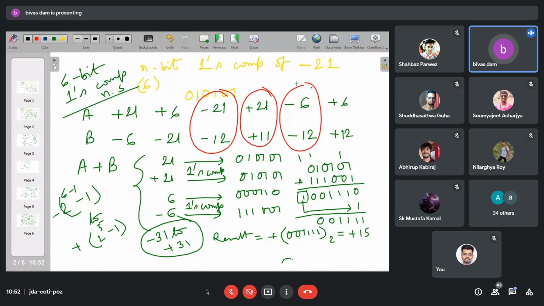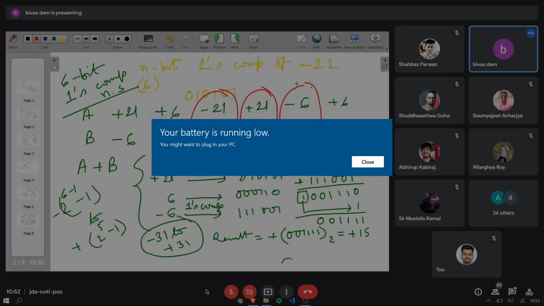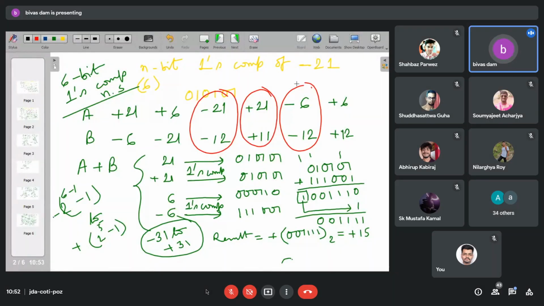Basically, if the operands are of opposite sign, then you are going for a subtraction operation. In that case the result will be definitely less, magnitude wise, than the operand which is having the larger magnitude.